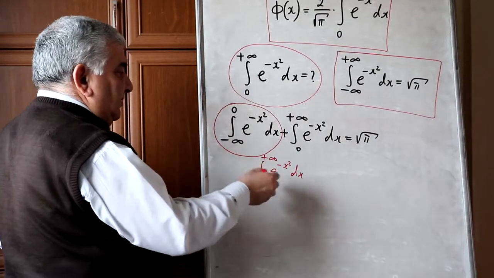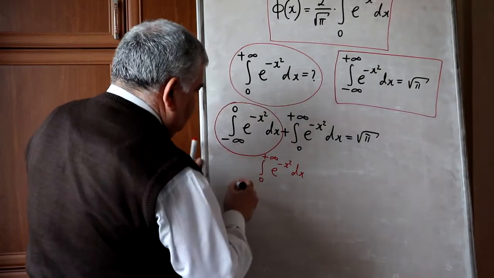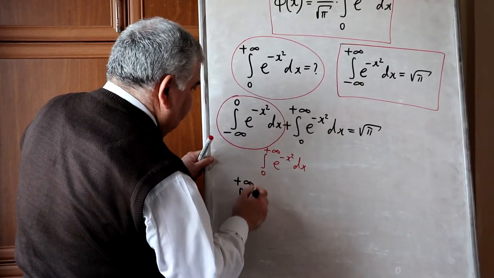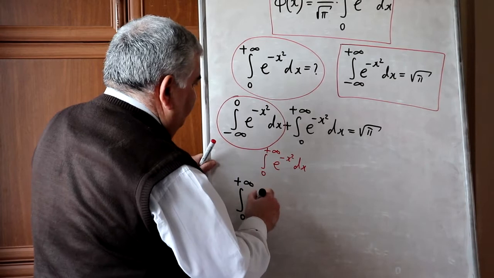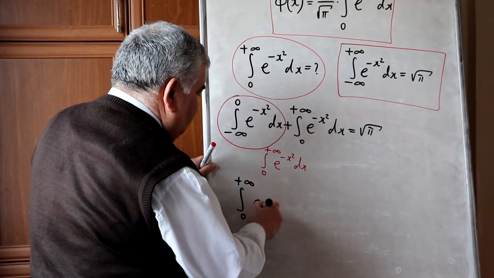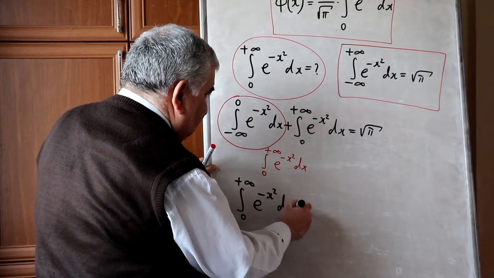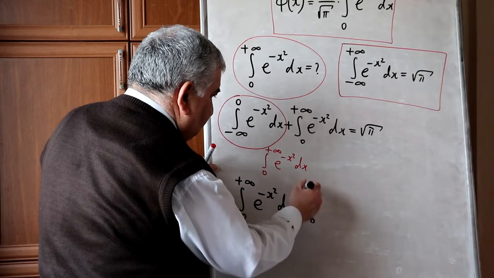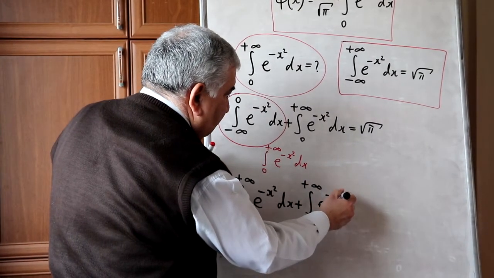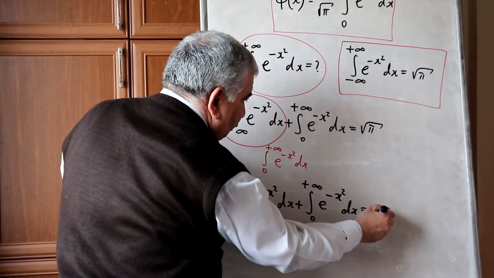Substitute the new expression instead of this integral, and then we will obtain that the integral from 0 to plus infinity of e to minus x squared dx plus the integral from 0 to plus infinity of e raised to minus x squared dx is square root of pi.